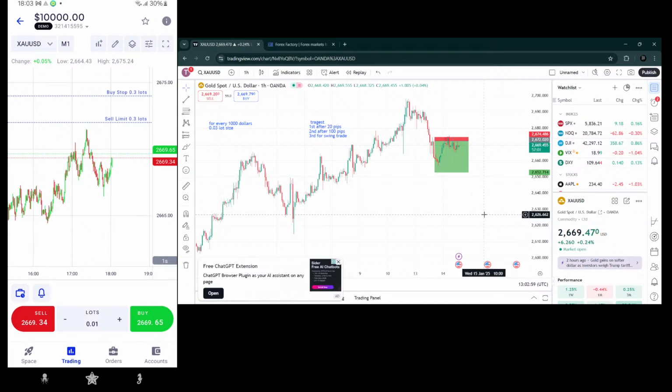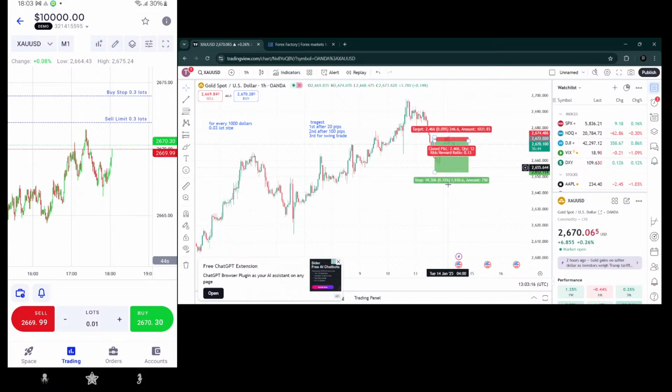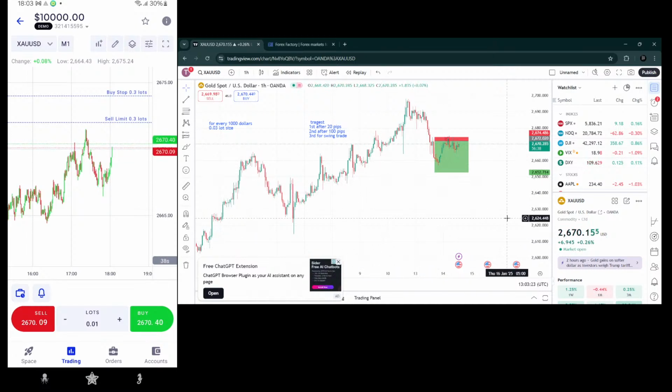And every day, you need only more or less one or two setups. You don't need more than that. According to me, whatever the news comes, there are more chances the market goes here and goes down.